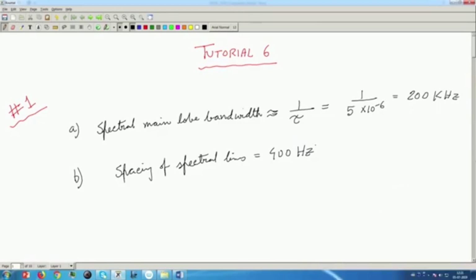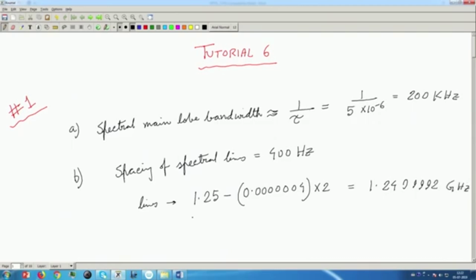So, we have lines at, you can say, first the 1.25 gigahertz center frequency. So, 1.25 minus 400 hertz, that is 0.0000004 into 2, so that will be 1.2499992 gigahertz.